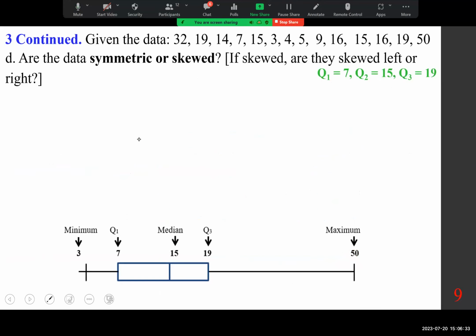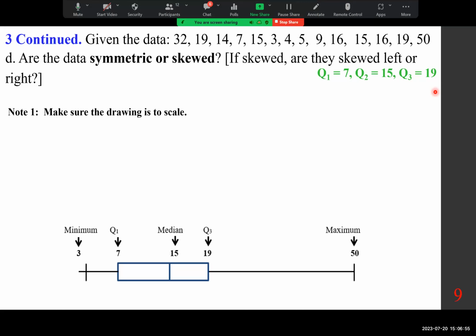Now, continuing with the same question, the question is, is it symmetric or is it skewed? Again, we have the information from the previous page, and we want to discuss that. So I want to remind you what we mean by this concept. There are a few notes.